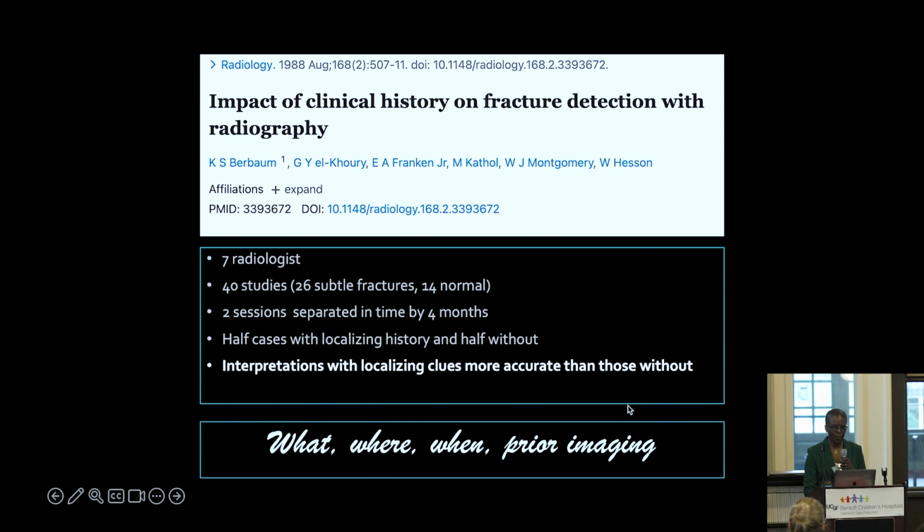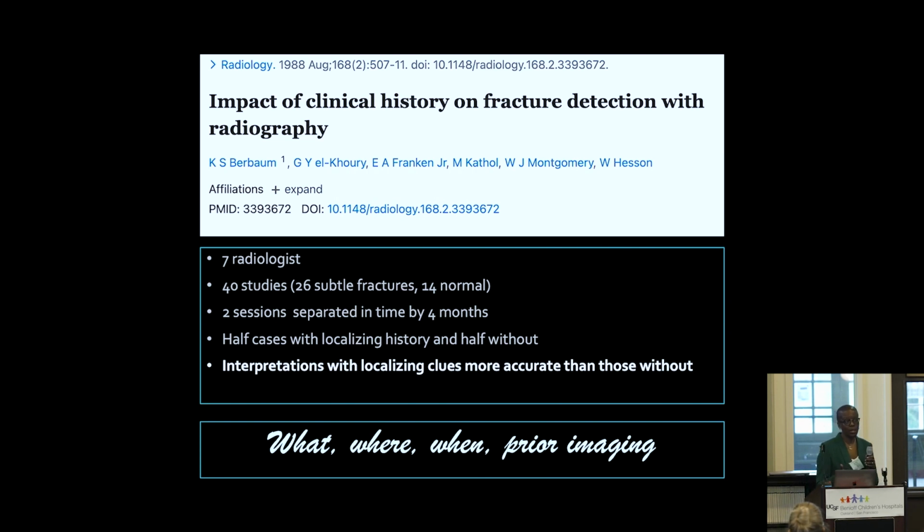There was this interesting study out of radiology in 1988 that looked at the impact of clinical history on fracture detection with radiography. Seven radiologists were asked to read 40 studies. For some of them, they were given history, and for others, they were not. Their interpretations when they had localizing history were much more accurate than those without.